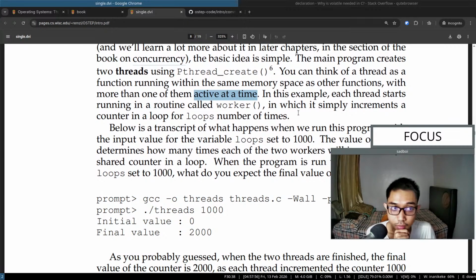In this example, each thread starts running in a routine called worker.